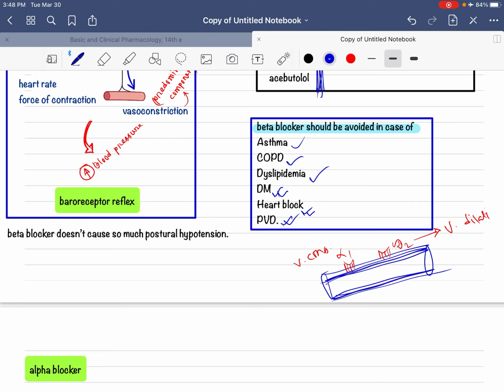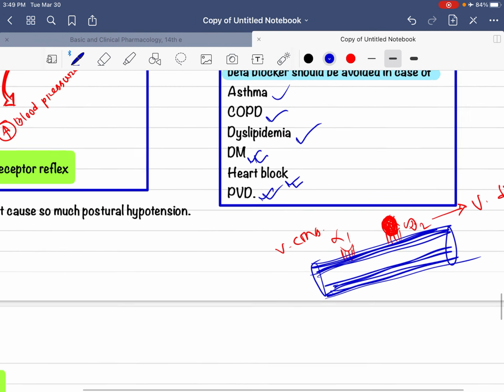So the beta 2 receptor is important for these narrowed blood vessels to do vasodilation, and you are blocking this beta 2 receptor, which is important for this patient. That's why the blood vessels become more and more narrowed, because the alpha 1 receptor is acting over and over, and now you block the beta 2 receptor, so the blood vessel is never able to vasodilate. So we shouldn't use the beta blocker in a peripheral vascular disease patient.